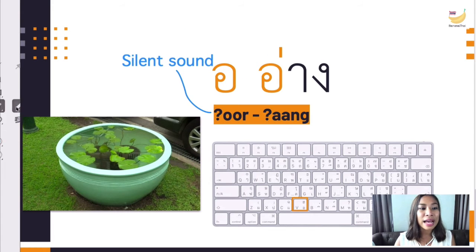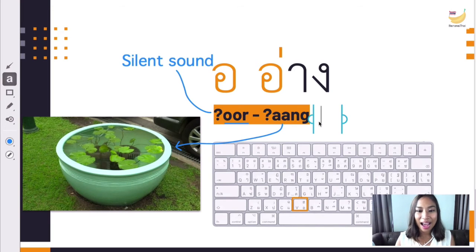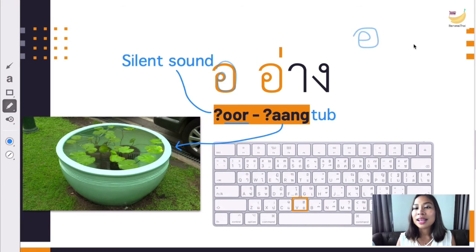You only pronounce the vowel and ending consonant if there is one. ออ่าง means a tub. The way to write ออ่าง: start from the head, go down and up. It looks like a lollipop, but make it nice like this. ออ่าง, a tub, silent sound, and ออ่าง is right here.